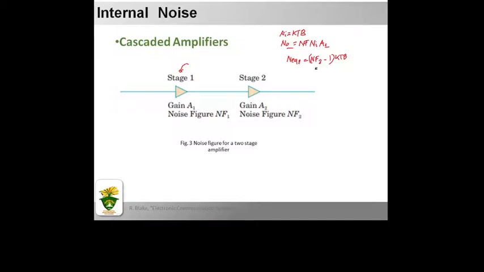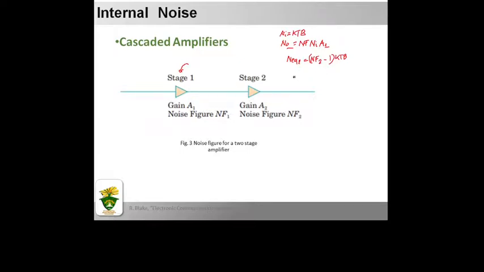As I've said, the noise output of the first stage will appear in the second stage. It will be amplified in the second stage, multiplied by the gain A2.